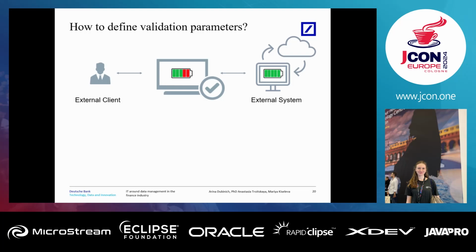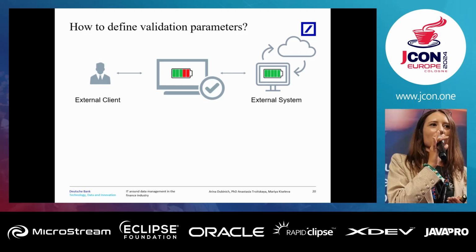And some of the parameters could be set up in an external system. For example, settlement instructions could be set in the settlement system. It is important to define the list of parameters that we need for validation in our system. And we can check these parameters and reject trades at the beginning of the phase.